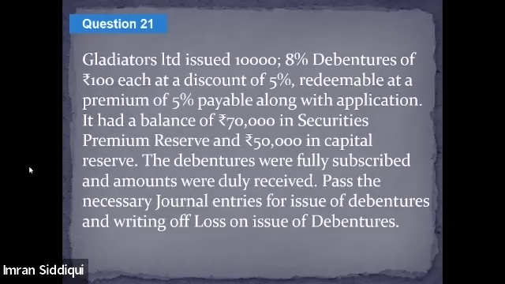Just the values I want to confirm. 1 lakh and 50,000 and 50,000. So this is for writing off the loss, no? Yes, sir. And could you please tell me the entry one more time, the last entry? Security premium reserve account debit to discount on issue of debenture to loss on issue of debenture.